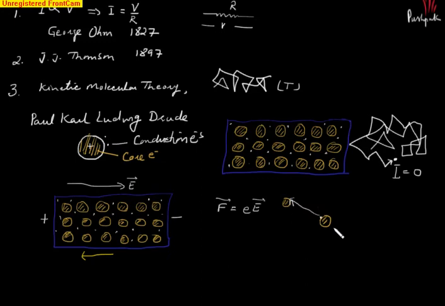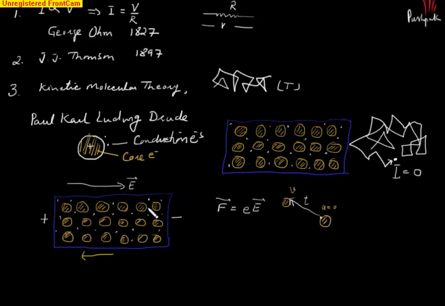And we consider that in each collision between two cores, the electron starts with initial speed 0 and it acquires a speed v in a time t.